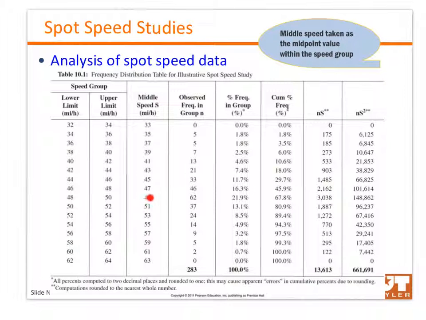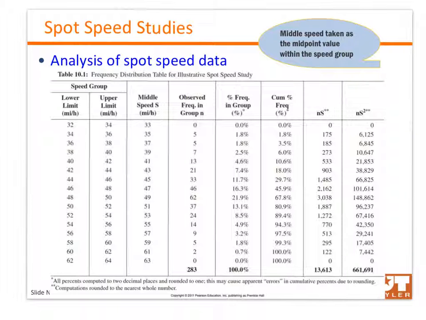It was the middle speed, which is 49 times 62, and that will give us 3,800. I'll show you in a second why we need this. But again, this is n times s, and we need to get the summation of this number as well. Same thing for the last column here, where we are going to do n s squared. So it's going to be the observation times the speed squared.